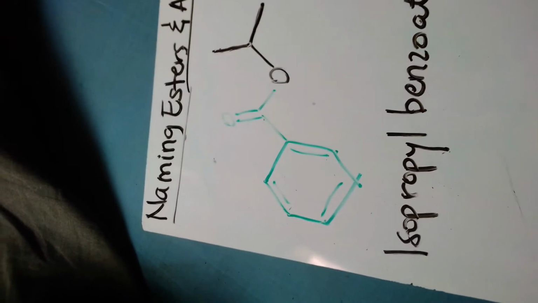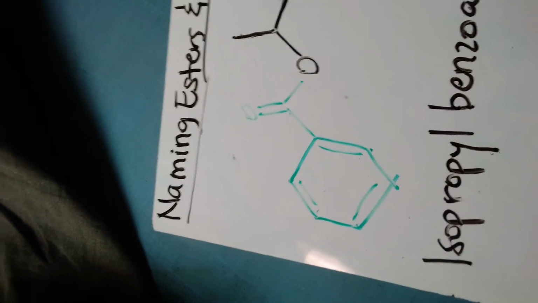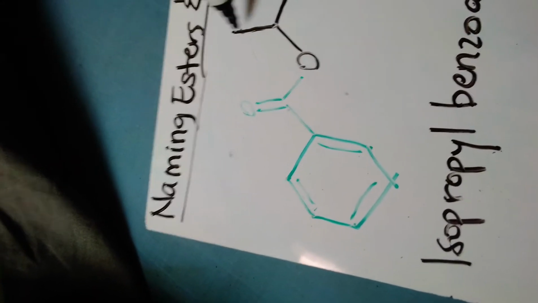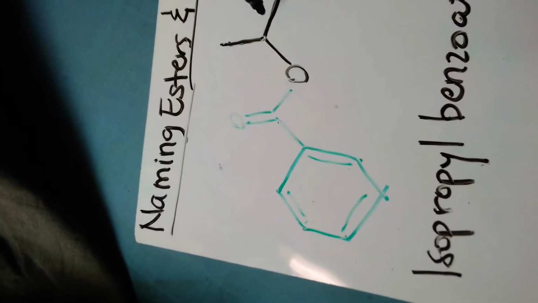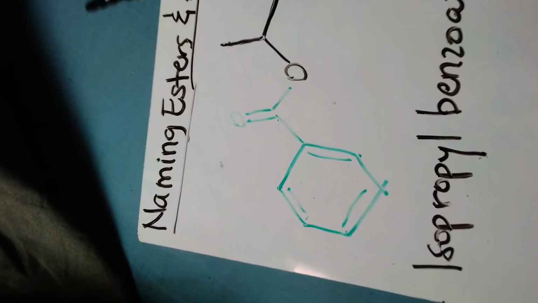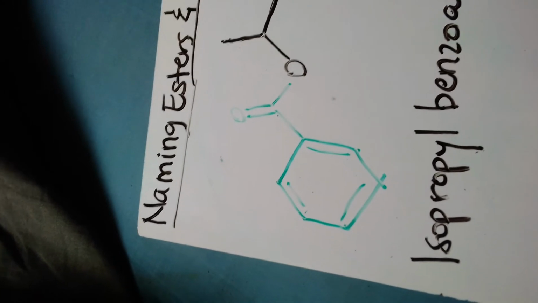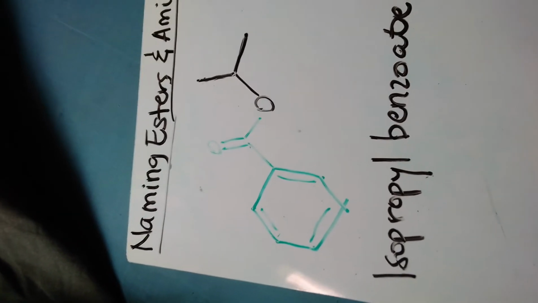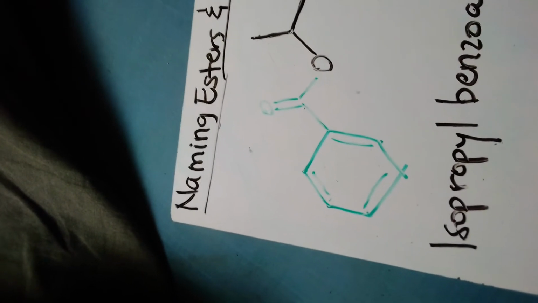So it's very simple. You name the alcohol portion as an alkyl, then you name the carboxylic acid portion as an oate. So that's basically how esters are named. Let's move to amides.